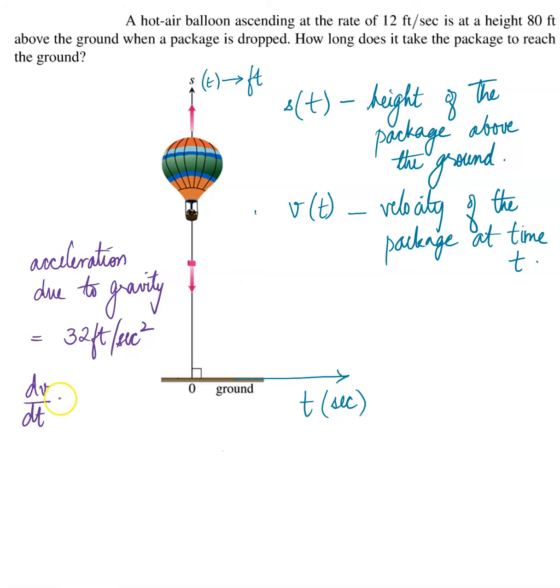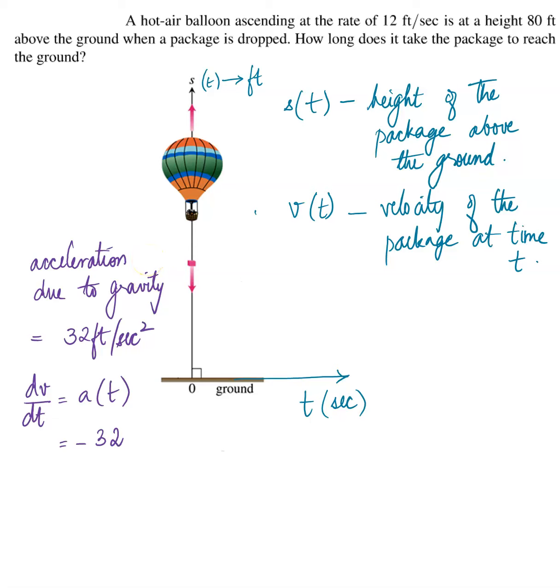Okay. Because that is nothing but your acceleration, isn't it? Acceleration is the derivative of the velocity. And when I write it like this, then I put it as negative 32 because I cannot put it in words due to gravity, right? So negative because gravity acts in the direction of the decreasing height.